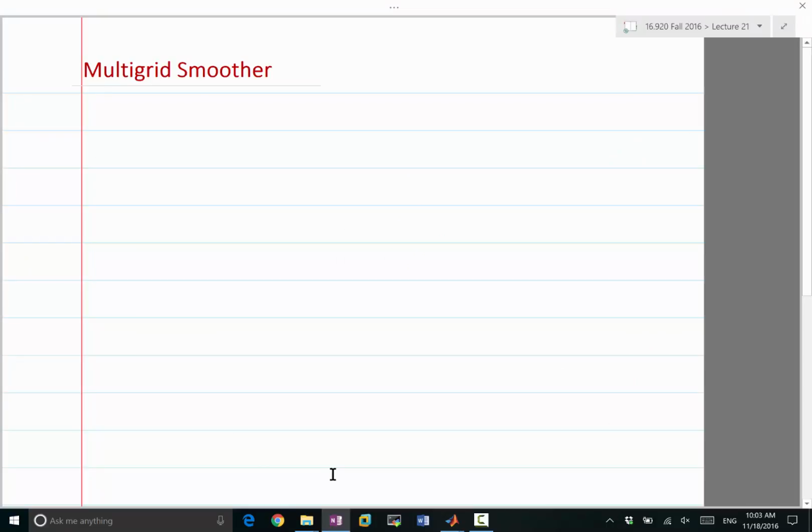For this, we again have to dive into the eigenvalue and eigenvector analysis of Gauss-Seidel and Jacobi. So, do we remember when we performed many Jacobi iterations, what is the mode that converged the slowest?